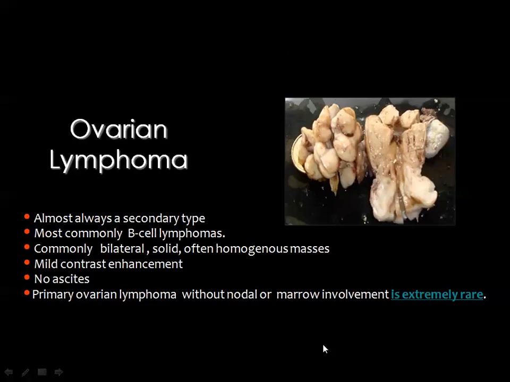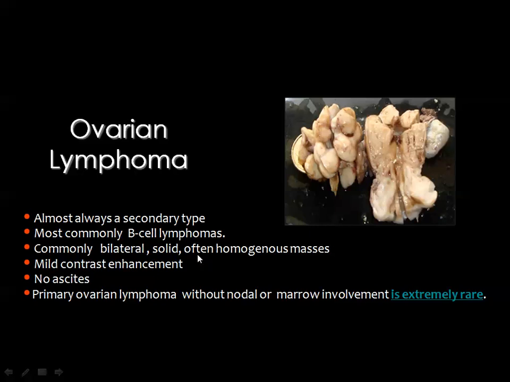Ovarian lymphoma is always a secondary type, and most commonly of the B cell non-Hodgkin type. Bilateral involvement is more common.